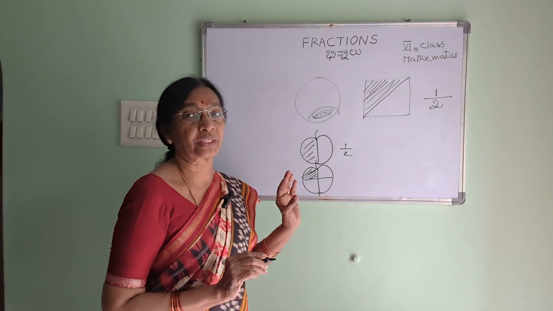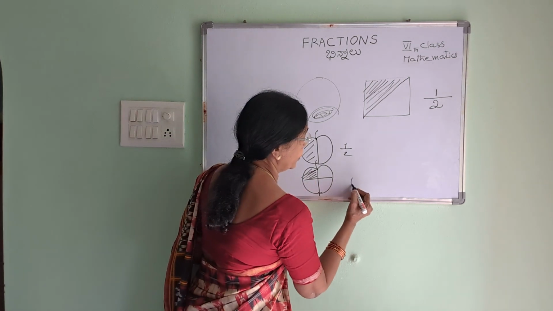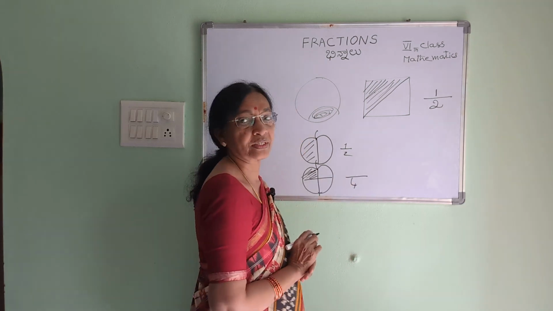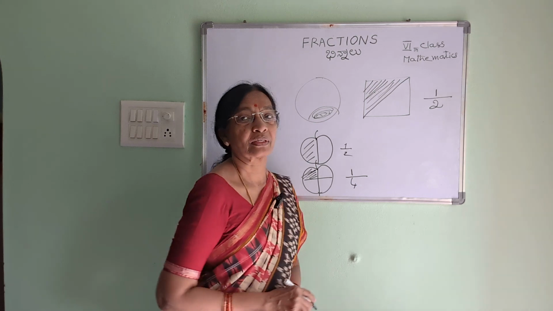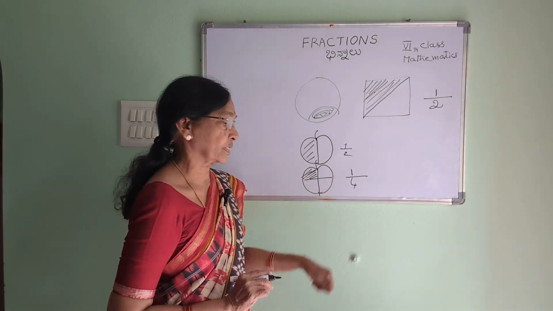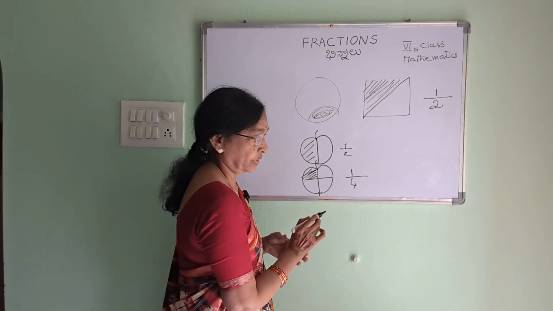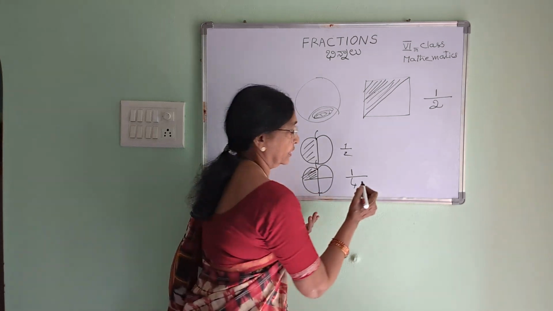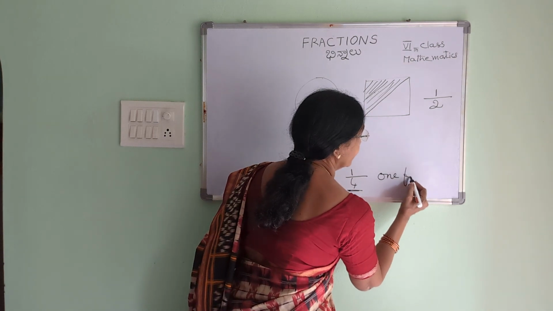What fraction of the whole fruit is taken? The total number of equal parts is written below the line and the number of parts taken is written above the line. So this shaded portion of the fruit is 1/4. This fraction is called 1/4.